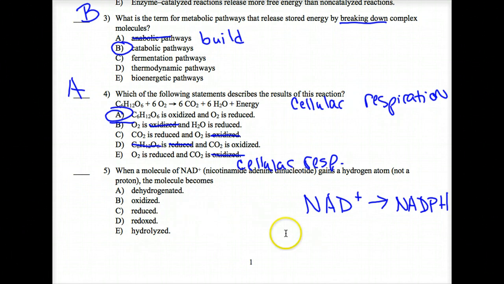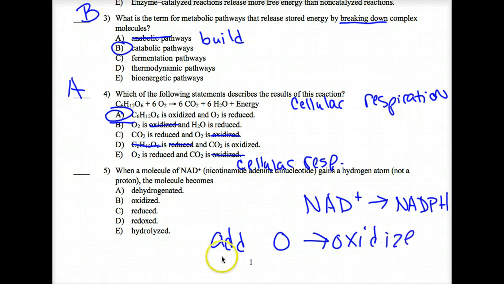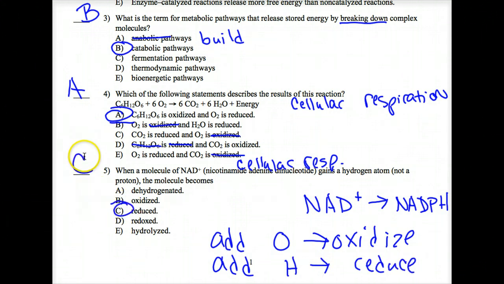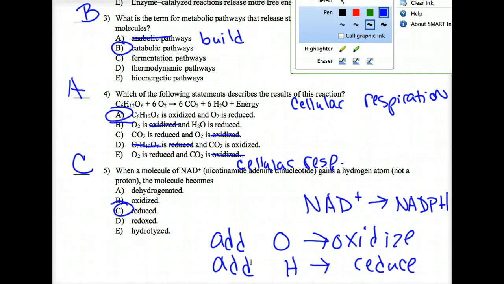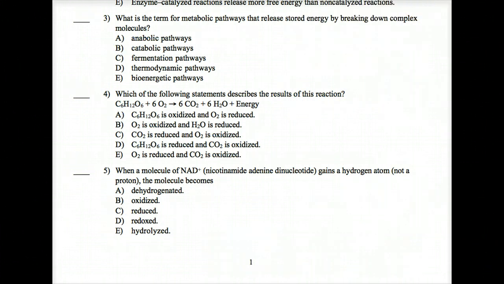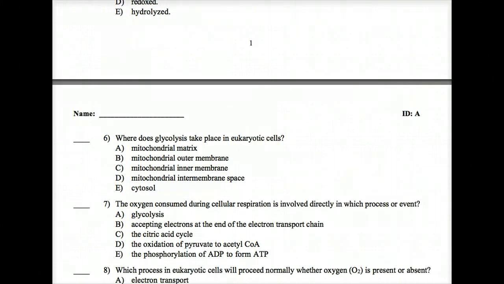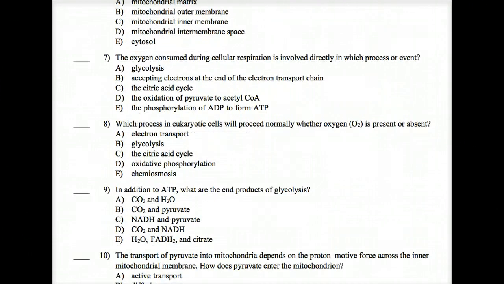Add an oxygen, that's oxidized; add a hydrogen, that is reduced. So I added a hydrogen, so I am reducing it. That's pretty clear cut. We don't even have to work through that one. Let's scroll down to the next page and work through 6 through 9 real quick.